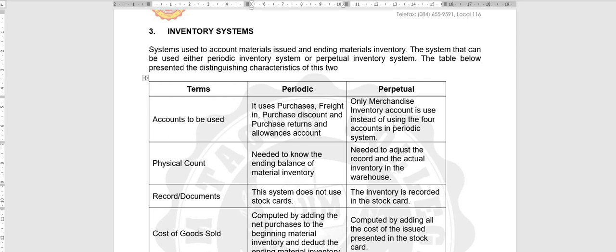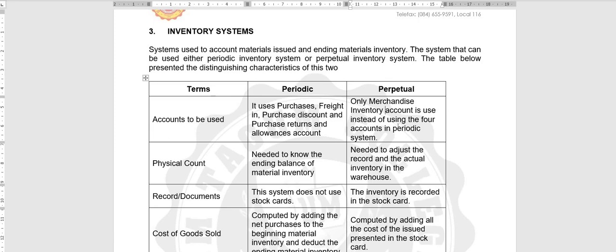Like, for example, pag merong purchases, nag-acquire yung entity ng goods which are intended for sale, so instead of debiting purchases, magde-debit siya ng merchandise inventory account. So, yan yung sa perpetual. Example din, pag nagsauli ka ng items doon sa supplier mo, you will be crediting your merchandise inventory account to signify the decrease in your merchandise inventory.